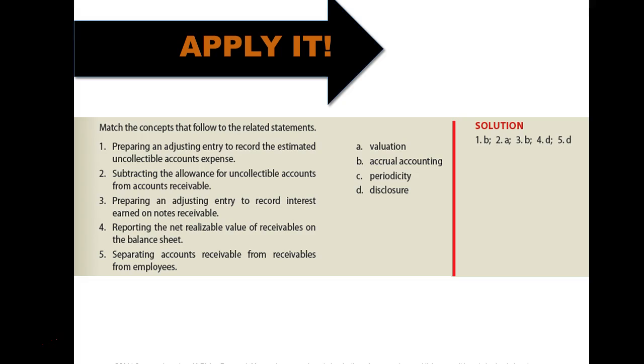Accrual accounting is matching the income in the period with the note receivable. Reporting the net realizable value of receivables on the balance sheet. It's saying disclosure. Separating accounts receivable from receivables from employees. We want to disclose specifically what receivables are from whom.